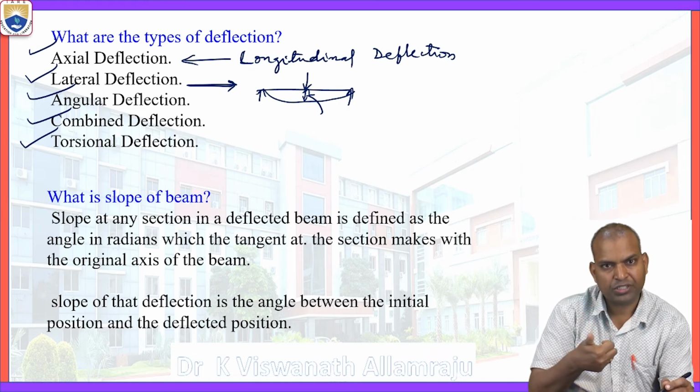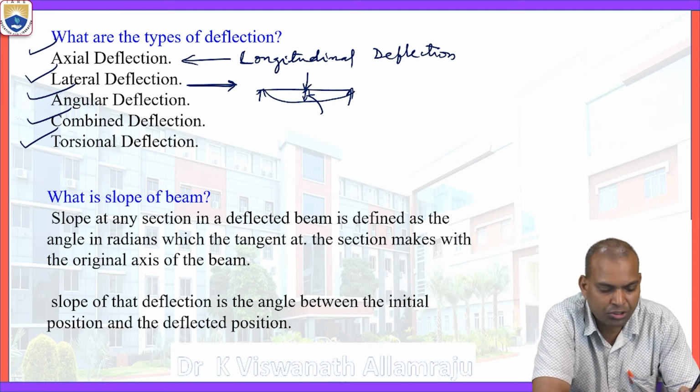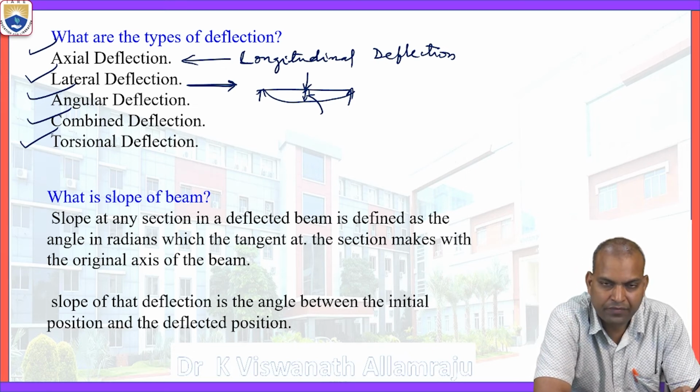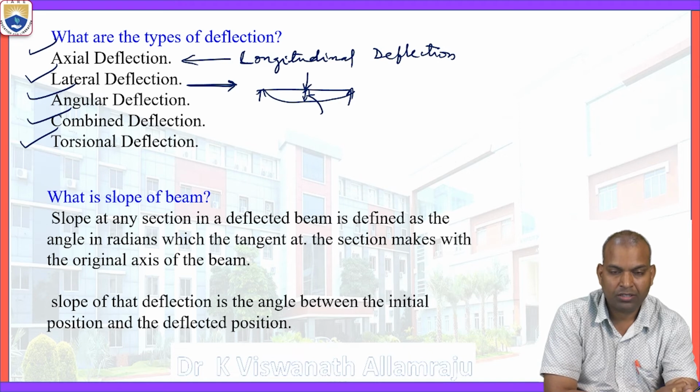Then combined deflection and torsional deflection. These are the various types of deflections in the fields of mechanical engineering or civil engineering, specifically structural engineering or machine design.